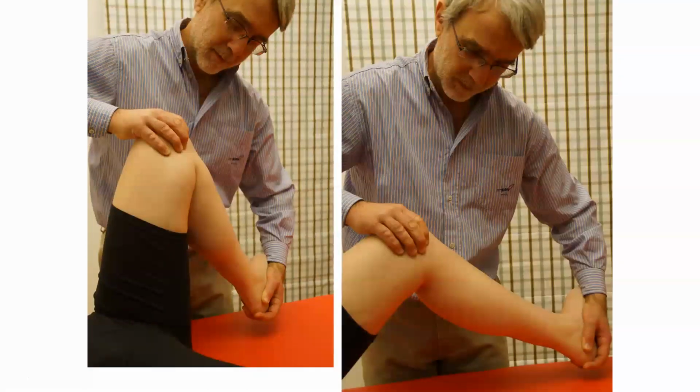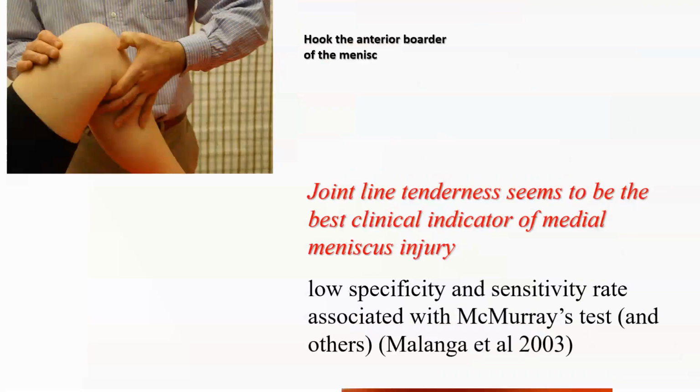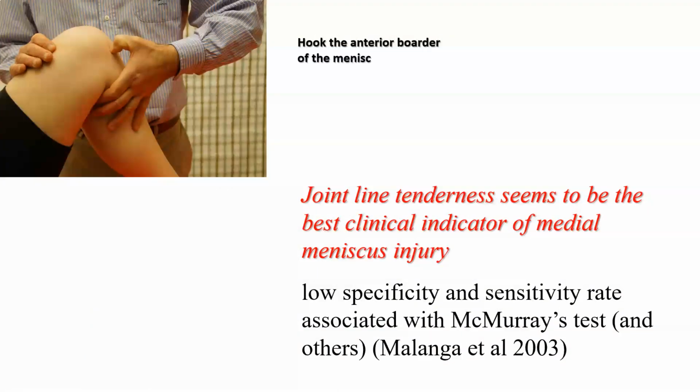And then there are also a number of meniscal tests. For instance, here we palpate in the joint line, and then we move to lateral rotation, and from that position we move to extension and back to flexion, and we feel if something moves under our finger, or we hook in the joint line and try to hook the anterior border of the meniscus.